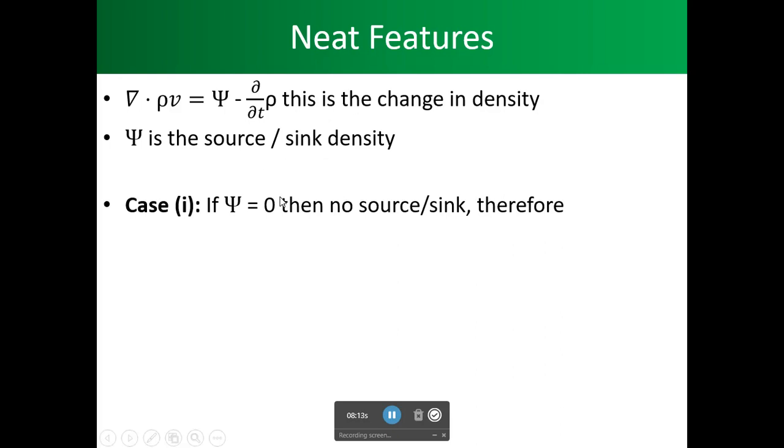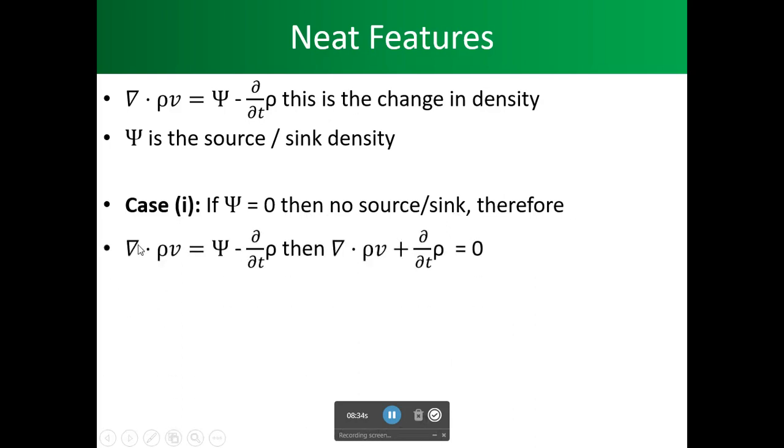Then if we want to, we just take case 1. We've got 2 different cases, at least. So let's take a look at it where we have this equal to 0. Then there is no source or no sink.